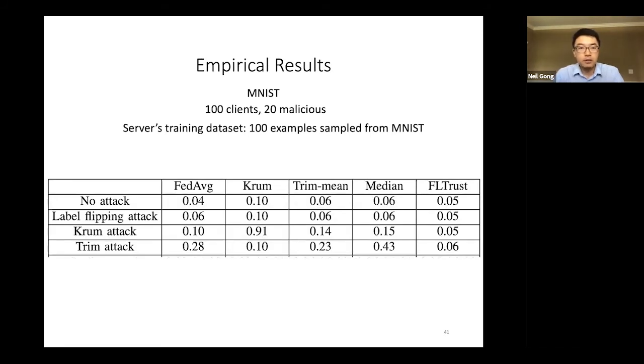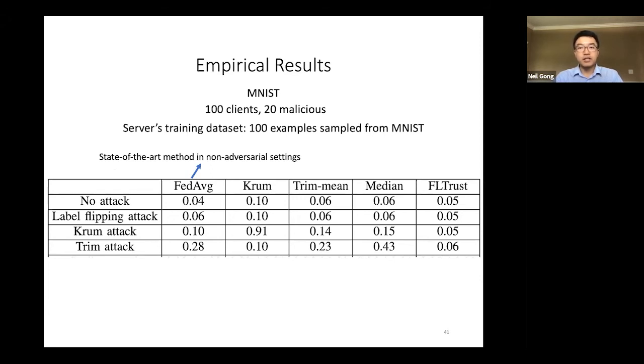This table shows the results. Each row corresponds to no attack or an existing poisoning attack. Each column corresponds to a federated learning method. Here, FLTrust is our method, and FedAvg is the state-of-the-art method in non-adversarial settings.